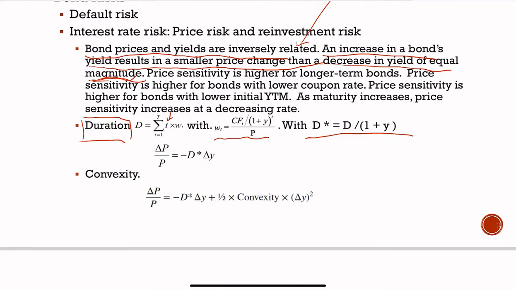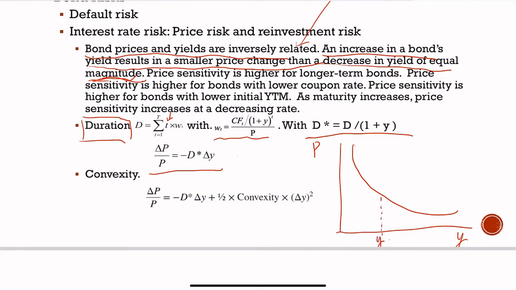The reason we want to talk about convexity is this one is really an approximation. And it's an approximation because bond has some convexity here, right? So if you look at this picture here, let's say this is the bond price, this is the yield. Convexity basically refers to the shape of the curve looking like this. And then let's say y is here, and you want to think if y increases, how the bond price will change, right?